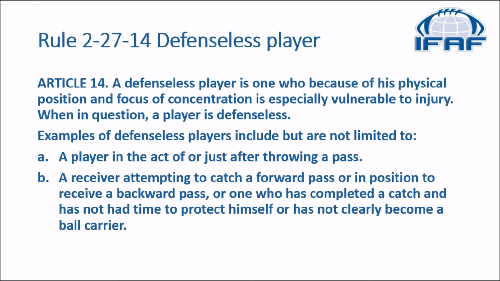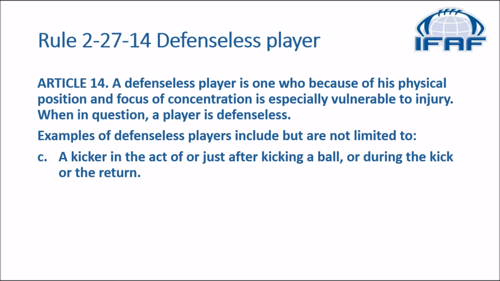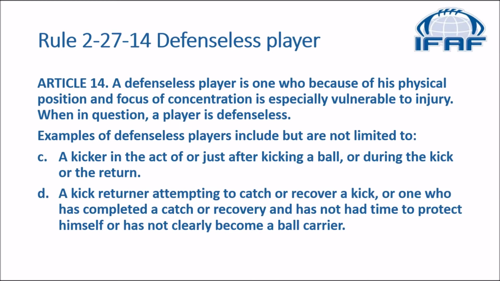B, a receiver attempting to catch a forward pass or in position to receive a backward pass, or one who has completed a catch and has not had time to protect himself or has not clearly become a ball carrier. C, a kicker in the act of or just after kicking a ball or during the kick or the return. D, a kick returner attempting to catch or recover a kick, or one who has completed a catch or recovery and has not had time to protect himself or has not clearly become a ball carrier.